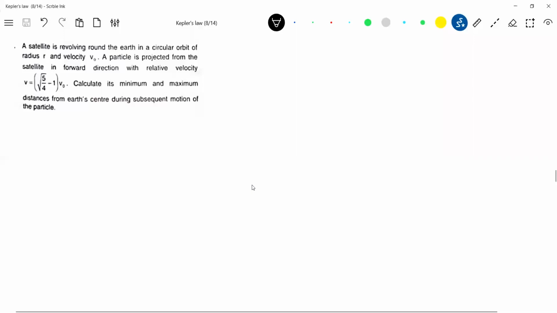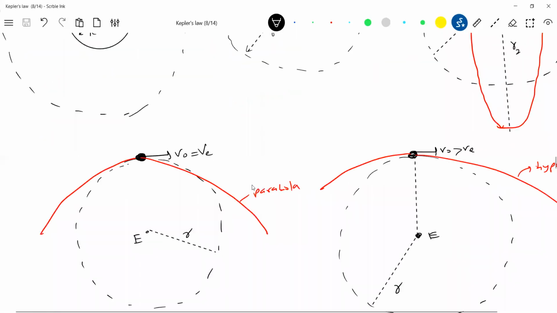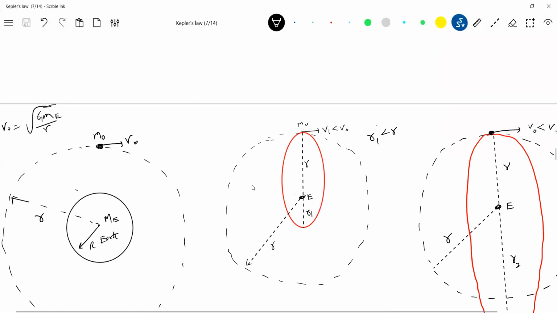Now we'll bring in the words perigee and apogee. Apogee means far away. Perigee means nearby. So this will become apogee, or aphelion, and this is perigee.